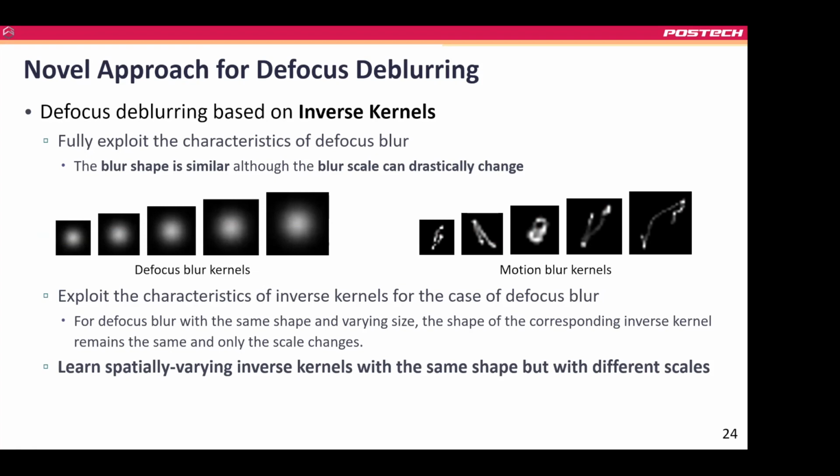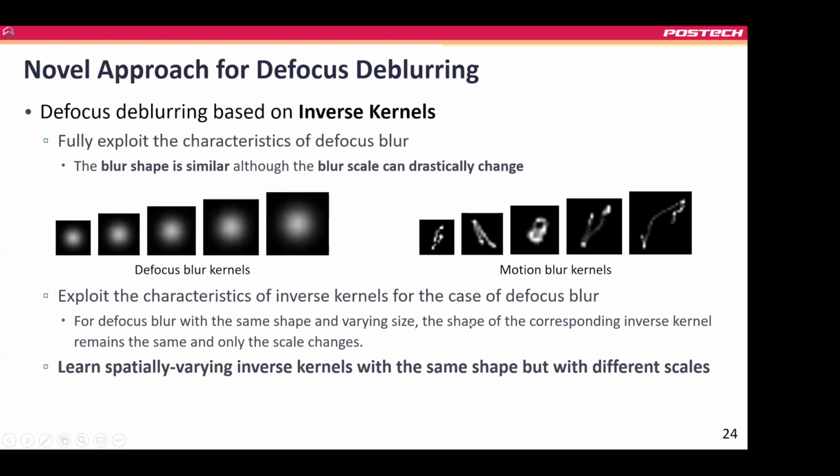You remember at the beginning, I mentioned that in the case of defocus blur, the blur shape is similar, even though the blur scale can change depending on image pixel position. In the previous paper, we only used the spatially varying property, but not the specific inherent property of defocus blur. In this paper, we try to exploit this specific property of defocus deblurring based on the inverse kernel.